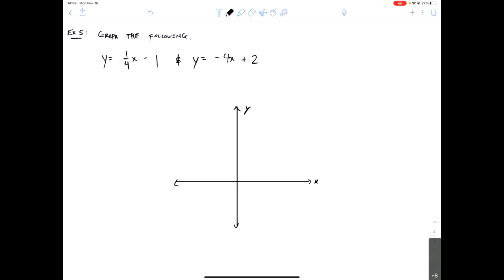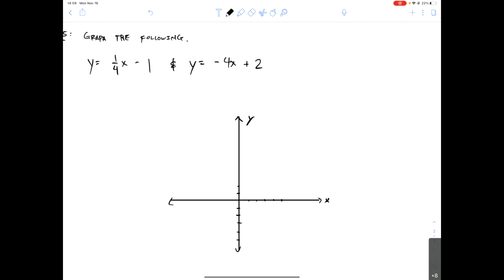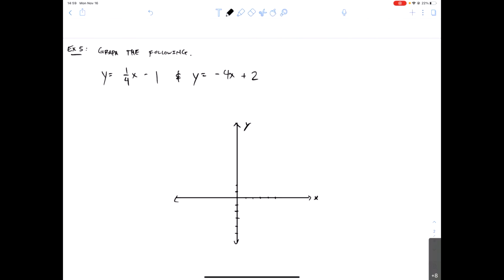Let me draw my little tick marks. And same thing, I'm going to start with the one on the left. So there's our purple line.